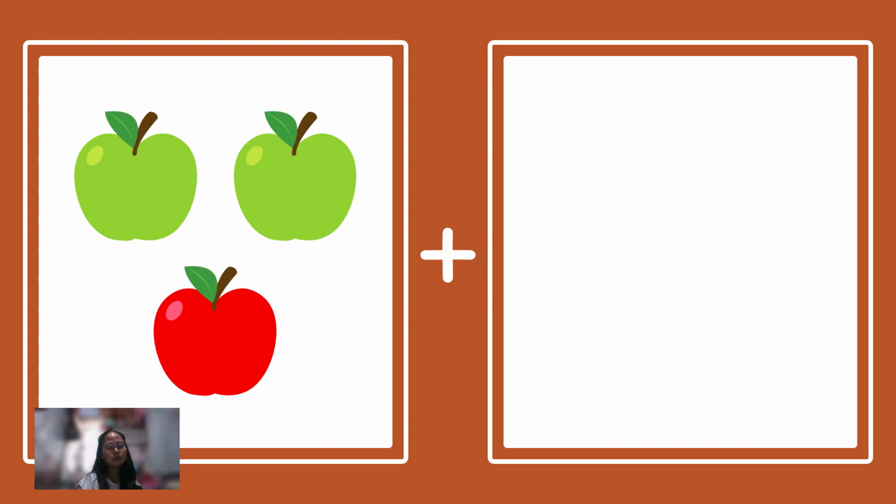Children, you still remember that 0 is nothing. So all you have to do is to copy the given number. So the answer there is 3. Good job. Very good.